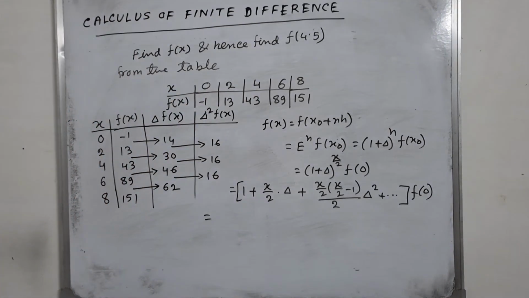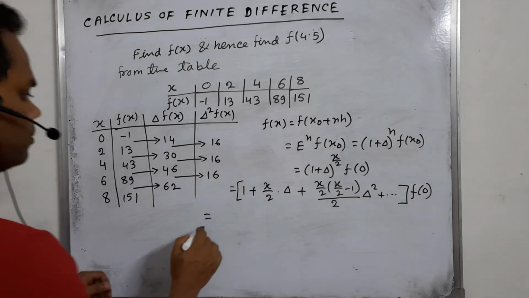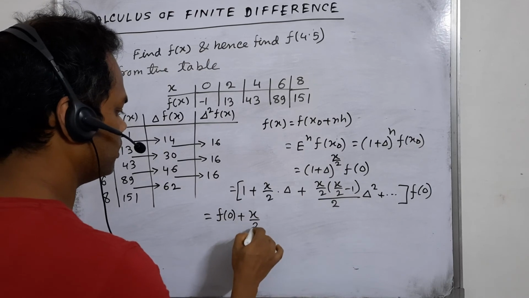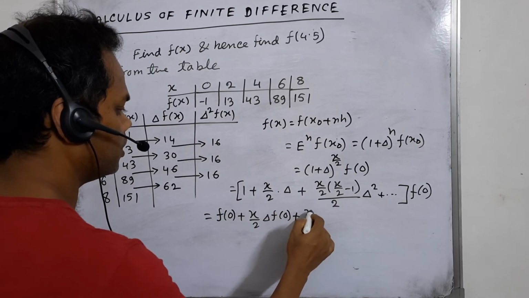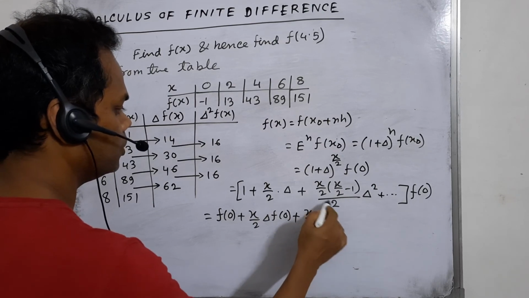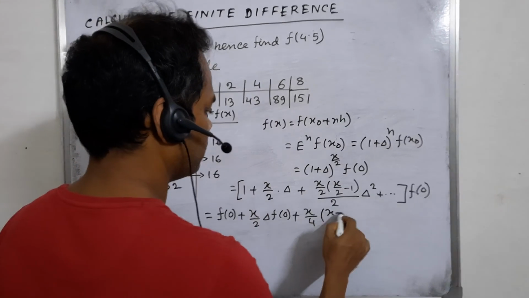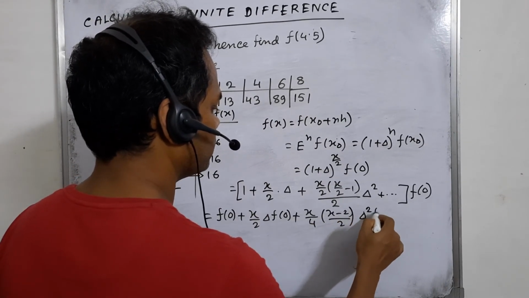By multiplying, this one is f0, this one is x by 2 del f0, this one is x by 2 into x minus 2 by 2 over 2, that is x into x minus 2 by 8, del square f0.